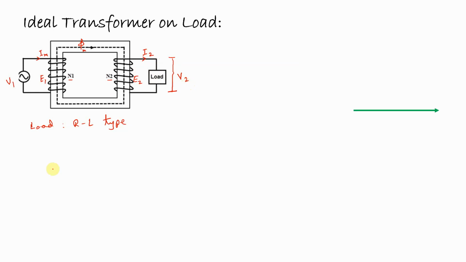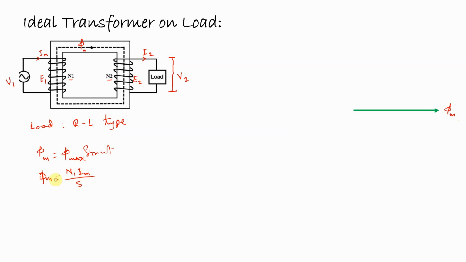As we have already considered, phi m is the mutual flux represented by phi m max sin omega t. It is considered as the reference in the phasor diagram. The magnetizing current Im, which produces the mutual flux phi m, is produced by the number of turns in the primary side, that is N1, and the magnetizing current Im.